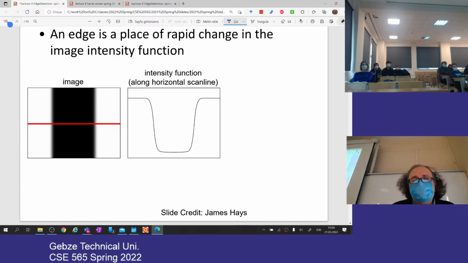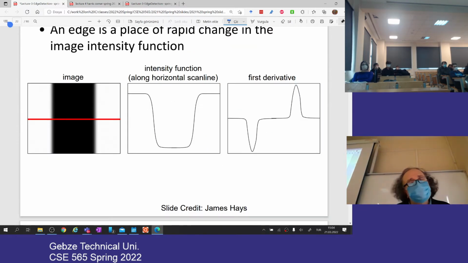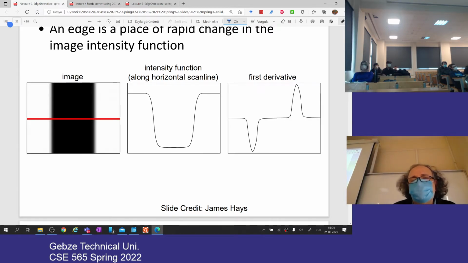So if I like to detect these two edges, what am I going to do? In mathematics, usually if we cannot think about anything, we just take the derivative, because taking the derivative is so easy. And think about it. If I take the derivative of this function, this is what I get, right? At these areas, the derivative is 0.